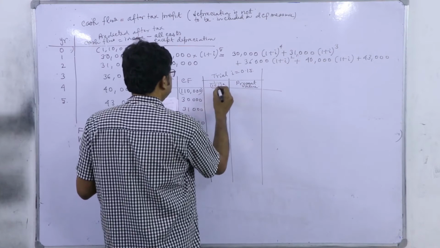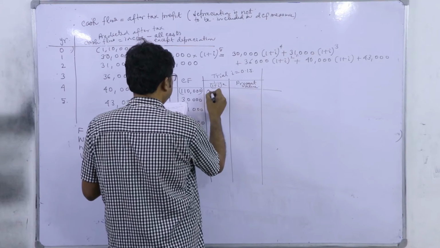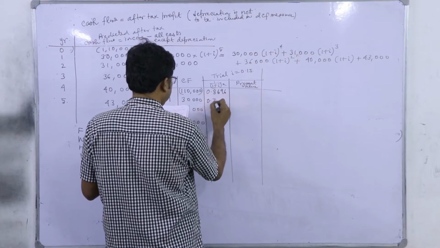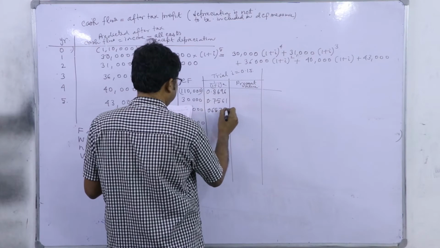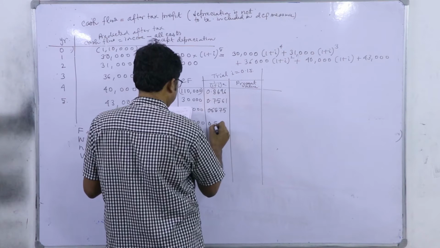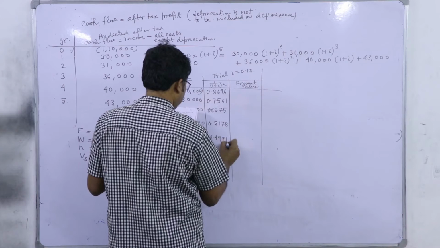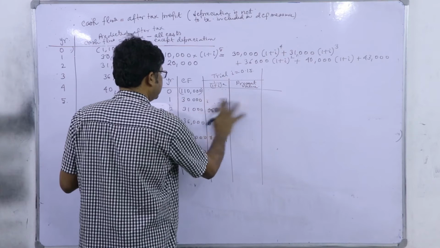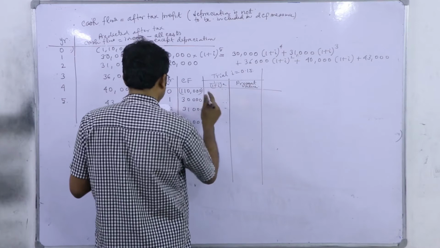So here, if I go by 1 plus I equal to 0.15, the discount factor comes to 0.8696. Here it is 0.7561. Here it is 0.6576. Sorry, the first year we should not write in year 0.